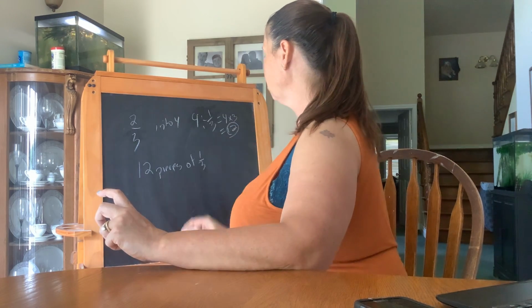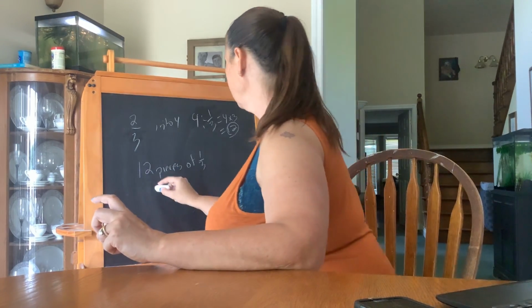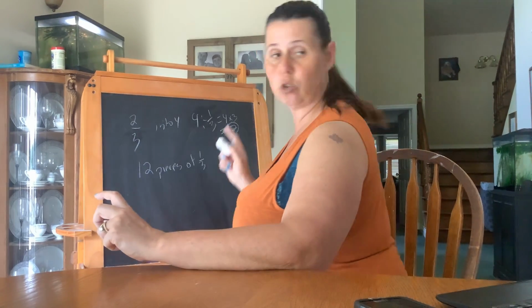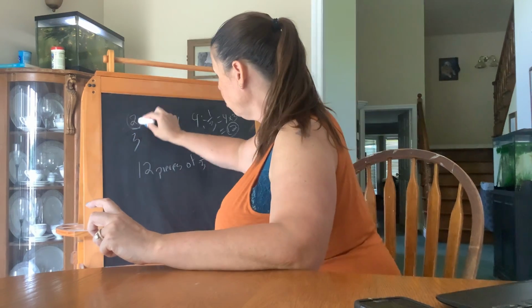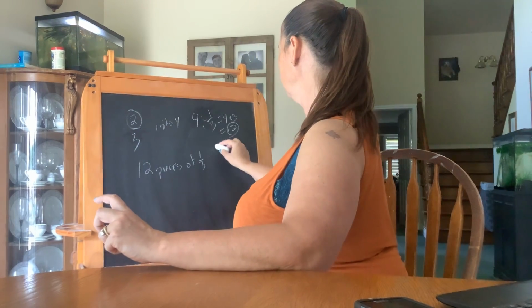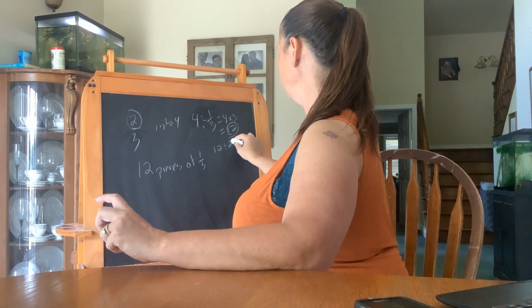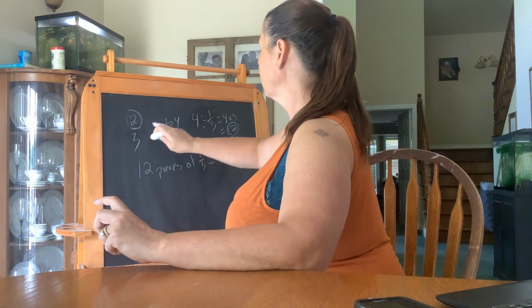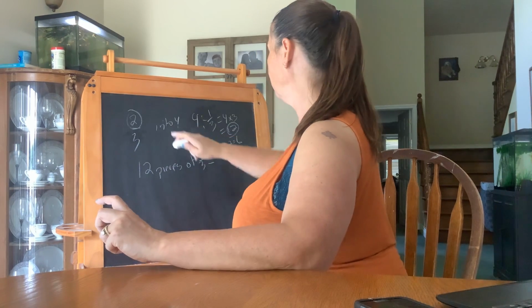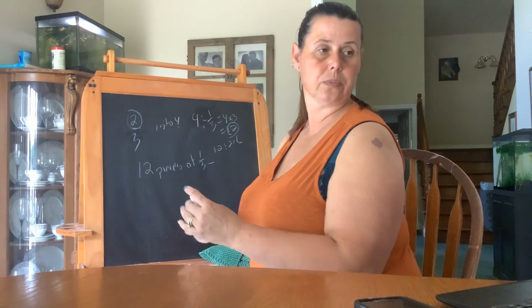So I got to figure out what 4 into 1/3 is. It's 12. And then because it's 2/3, I'm going to divide it by 2. 12 divided by 2 is 6. So 2/3 into 4 is 6.